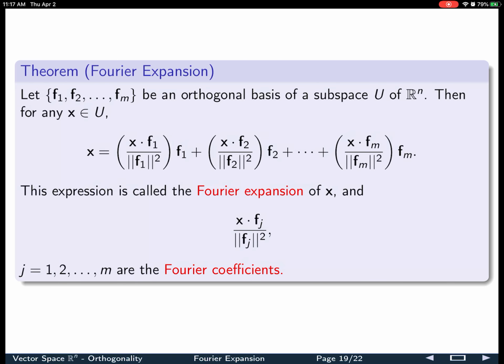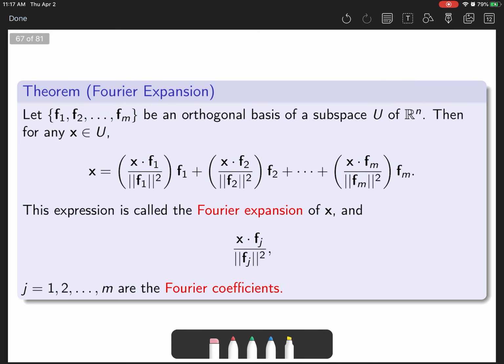But basically, we're given a set of vectors up here that is an orthogonal basis for a subspace U in Rn. So that's the set of vectors. And we want to be able to express this vector x as a linear combination of all of our basis vectors. So we're trying to use this as the basis of a new coordinate system.